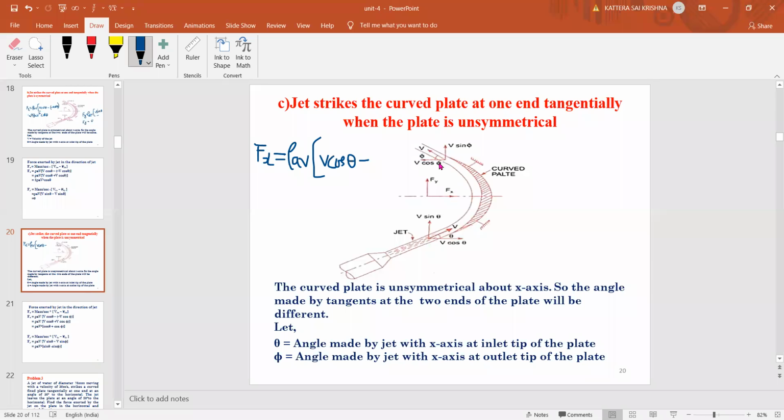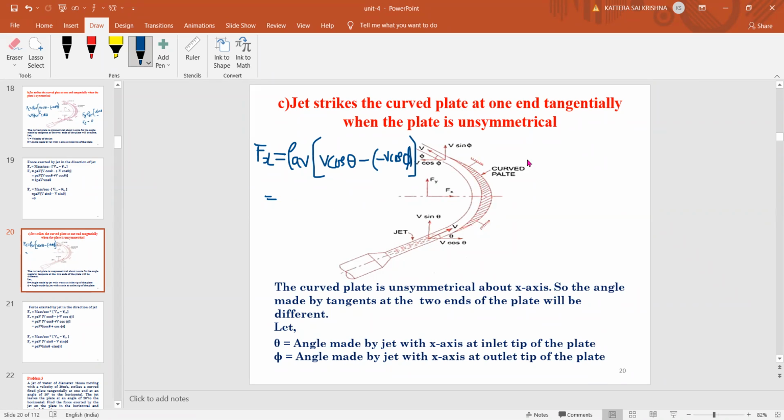What we have? v cos phi in opposite direction. So it is minus v cos phi. Okay, so what we'll get? rho a v into v cos theta plus v cos phi. So Fx is equal to rho a v into v cos theta plus v cos phi is the Fx force.